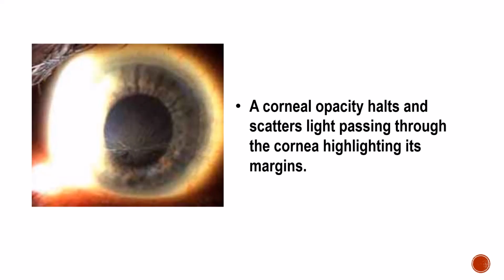However, sometimes if there is some corneal opacity present on the cornea, the light which is getting totally internally reflected will now be made to scatter because of this opacity. So corneal opacity will halt and scatter the light which is passing through the cornea, and in such a way the corneal opacity will get better highlighted.